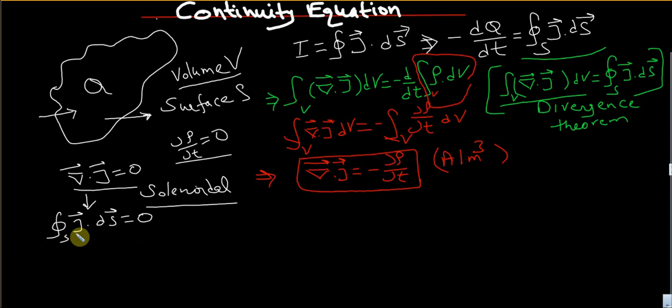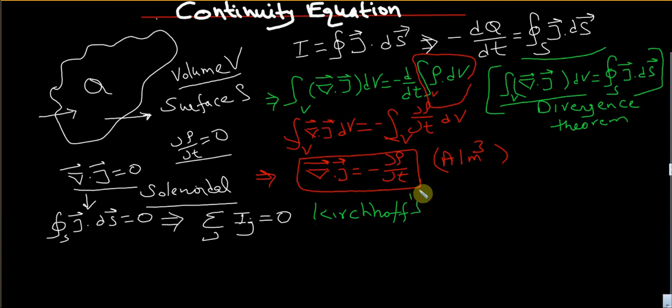The total outward flux, or you can say total current, is equal to 0, and an alternate form of this will be summation of I_j is equal to 0. So what is this? This is Kirchhoff's law. Kirchhoff's current law.